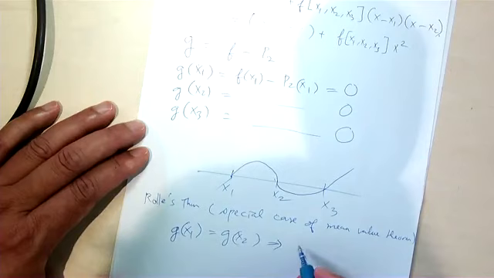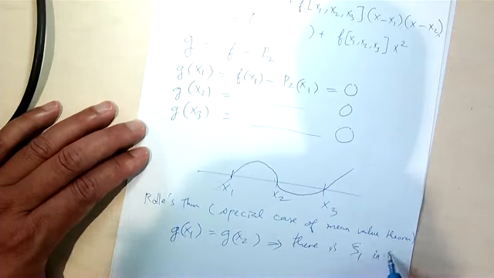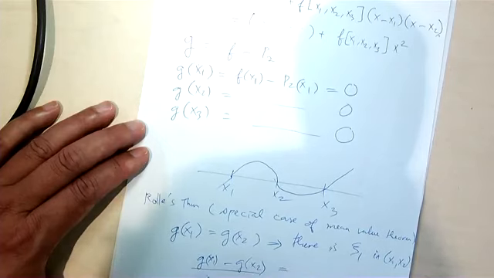So it means that there is a psi 1 in (x1, x2) so that (g(x1) minus g(x2)) over (x1 minus x2) equals g prime of psi 1, right?